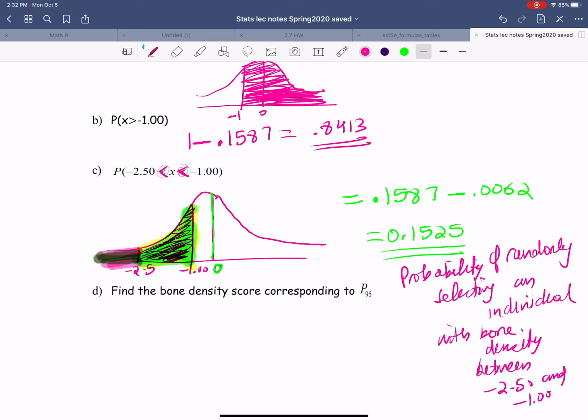Or you can say it's 0.1525. You can also express it in terms of percentage.